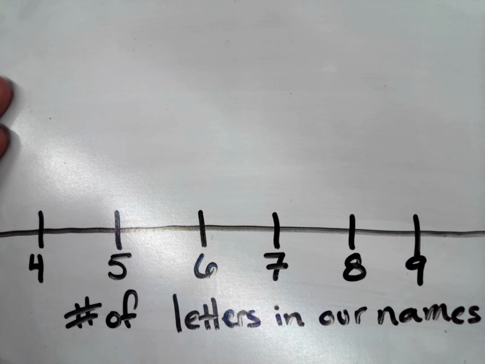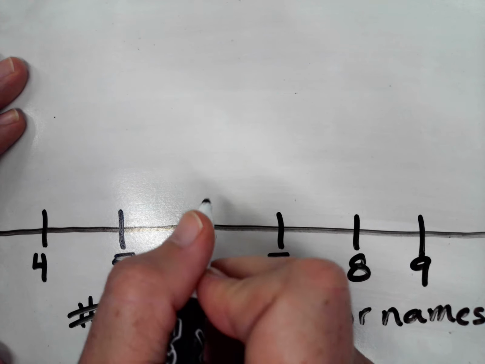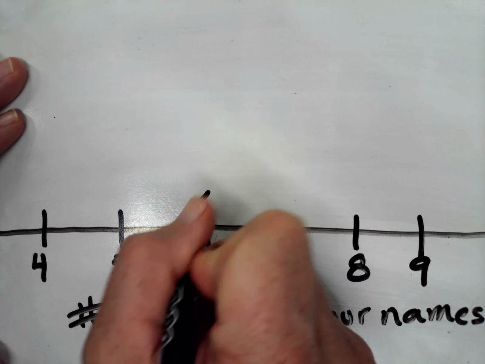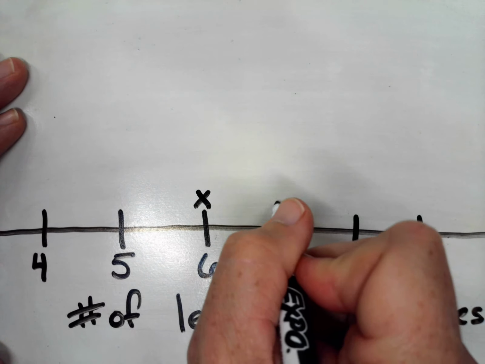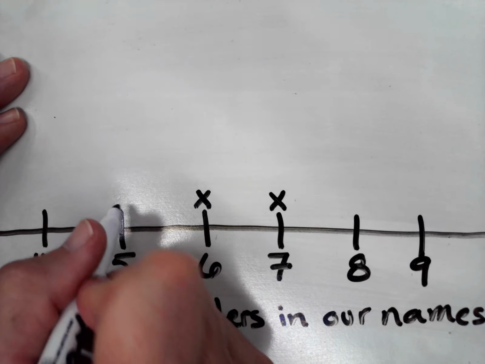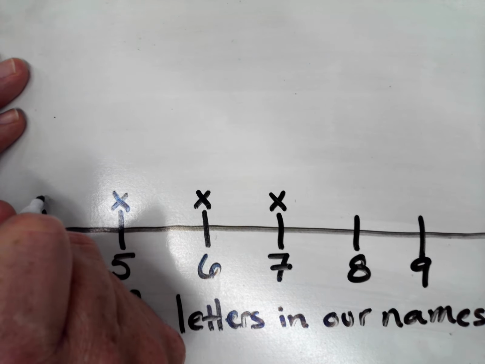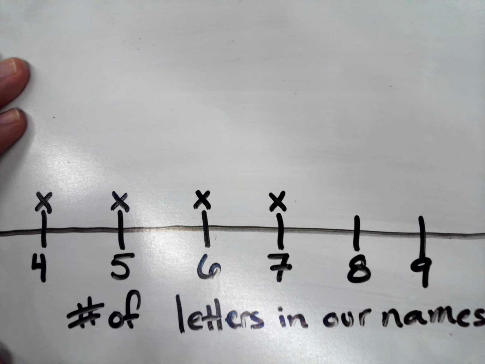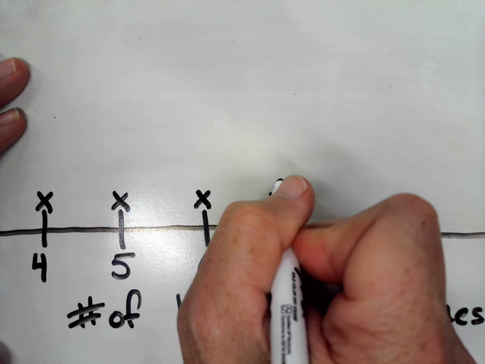So we're going to start with Sam, and Samuel has 6 letters in his name. So I'm going to put a little X above 6. Next we have Shradama, who has 7 letters. Micah has 5. Evan has 4. And Cash, I went by your full name, Cassius, so that is also 7.